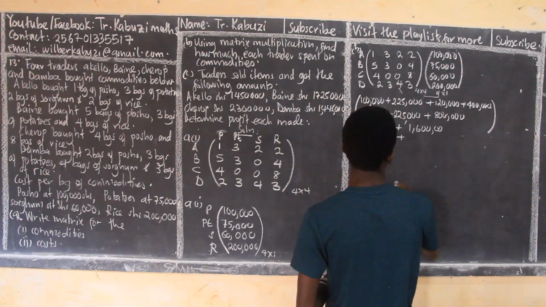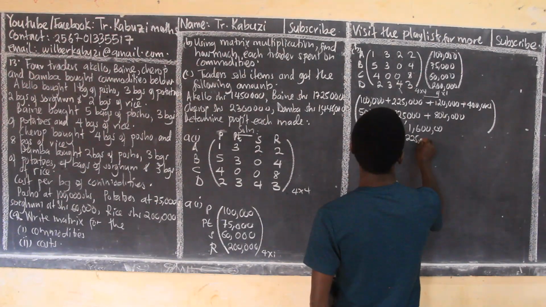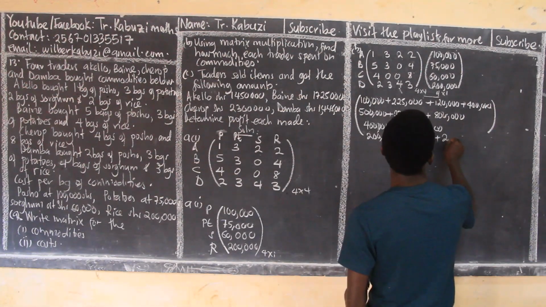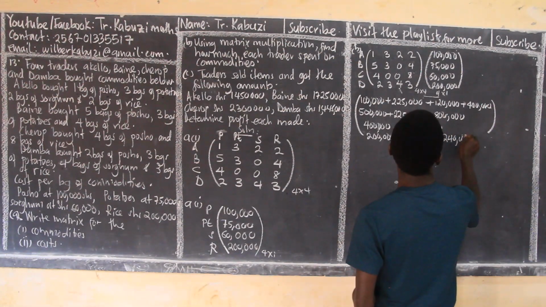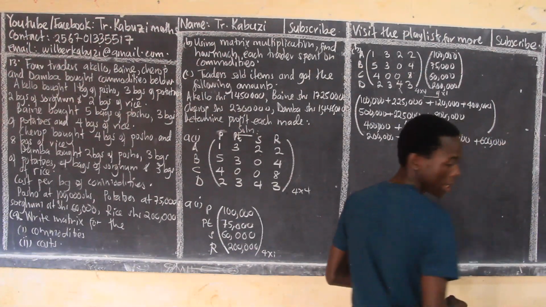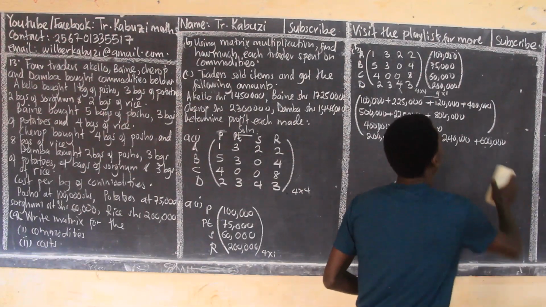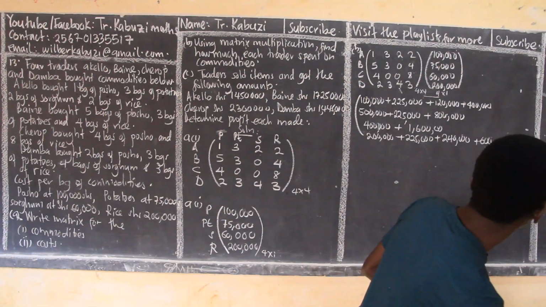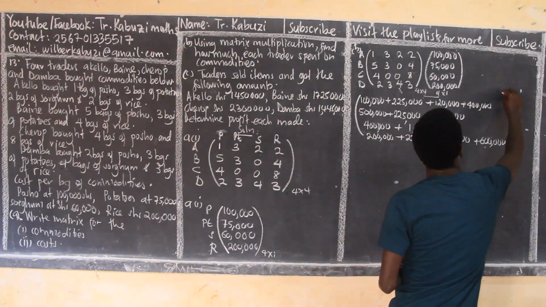Plus 225, plus 240, then plus 600,000. So that is what I get when I multiply those matrices.